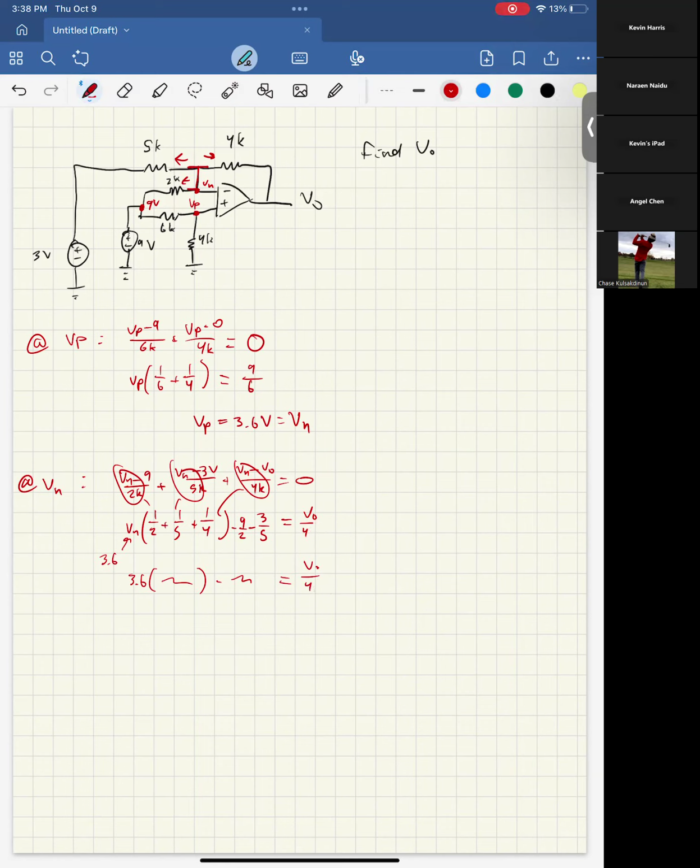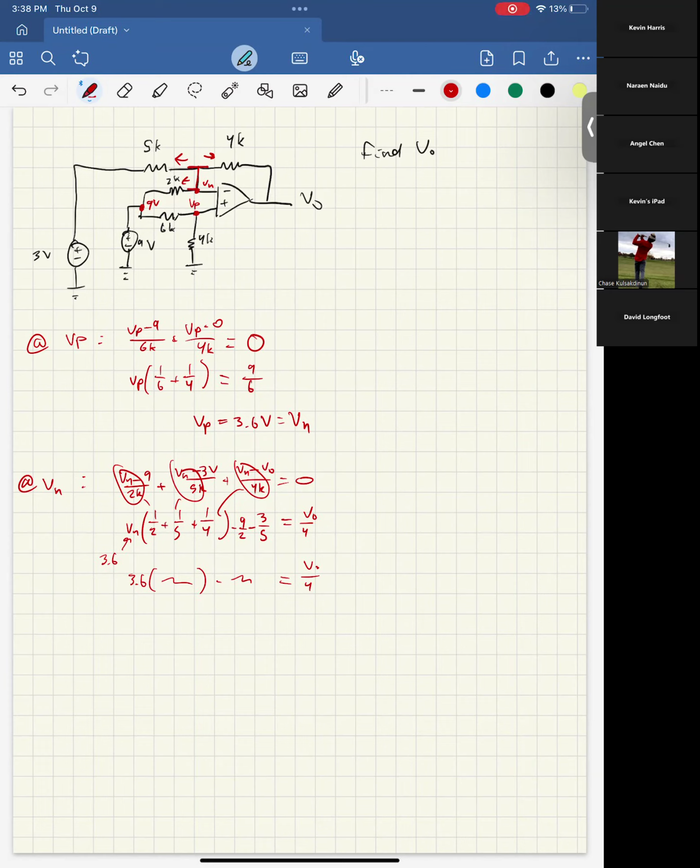I left this as a K, but didn't make the others, okay, so over 4. So if we evaluate the entire section on the left, we have 3.6 times (1/2 plus 1/5 plus 1/4), and then minus 9 over 2 minus 3 over 5. We get that and then that. Make sure I'm doing this right. Yeah.